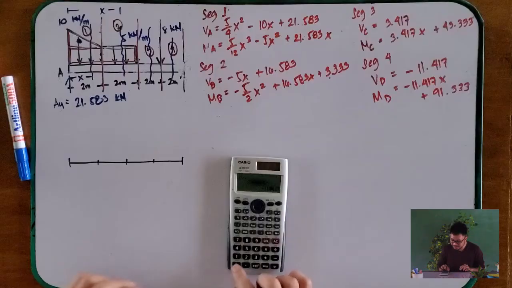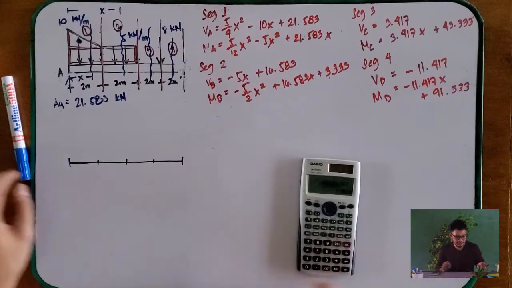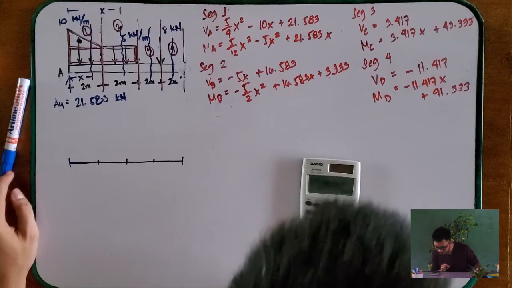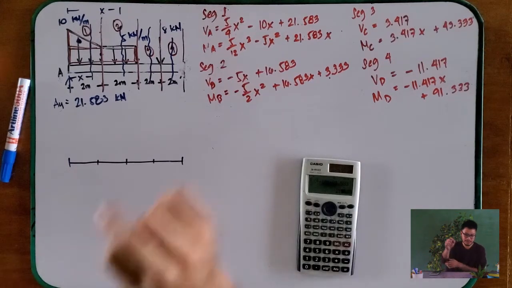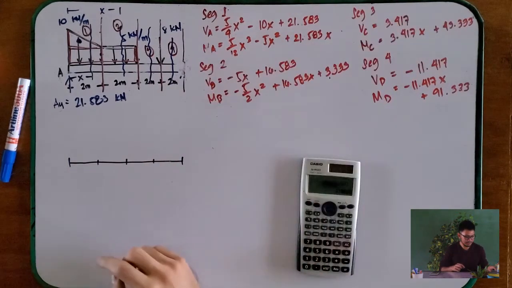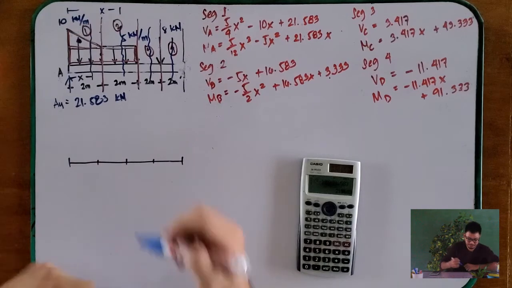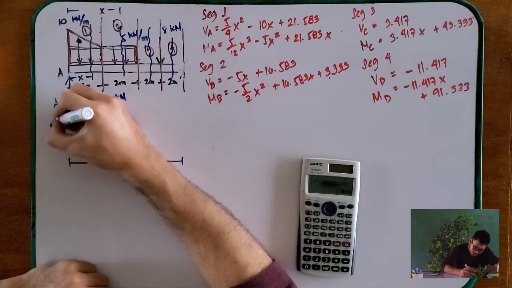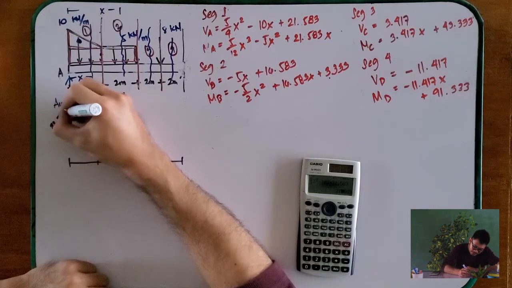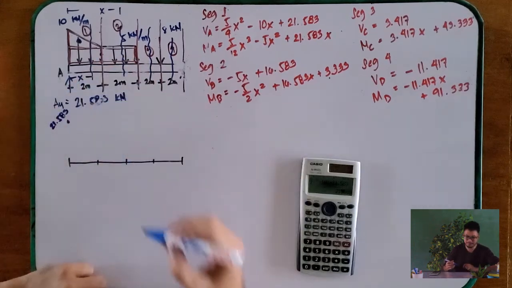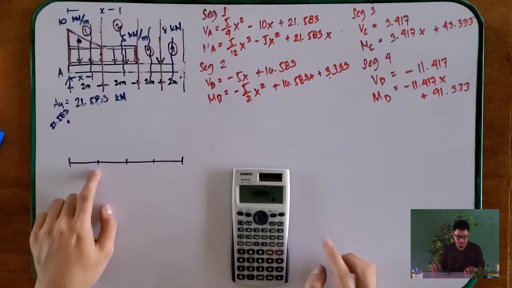If your x is 0, what is the value of your shear? That is, of course, 21.583.